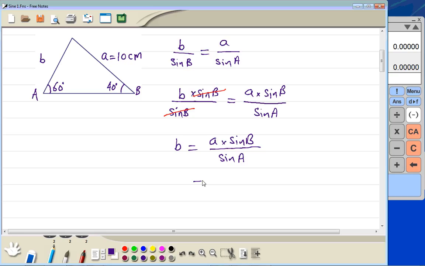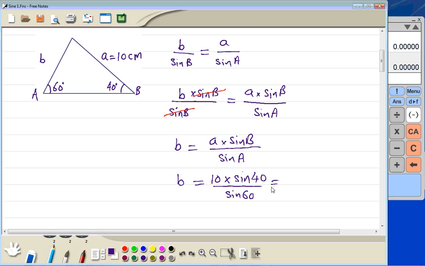A is equal to 10, sine, angle B is 40, divided by sine, angle A is 60. So this is B.